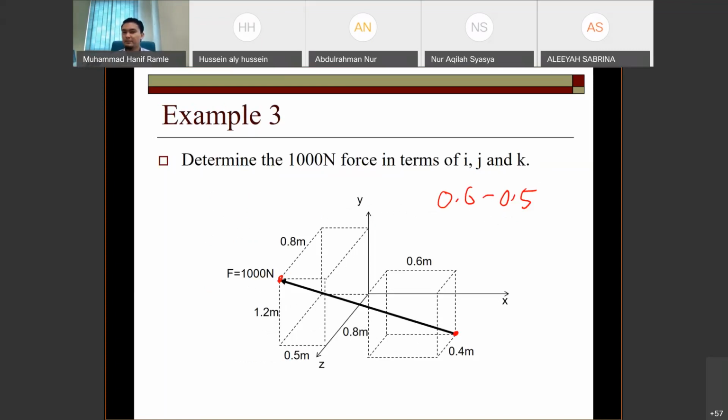Yes, doctor. The answer is wrong. Doctor, negative side, because it goes to the negative side of X.